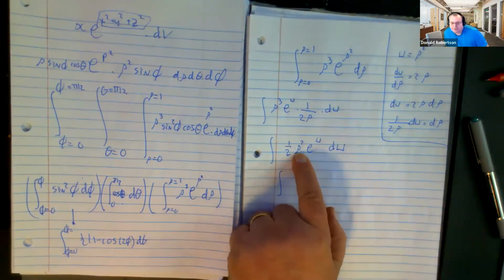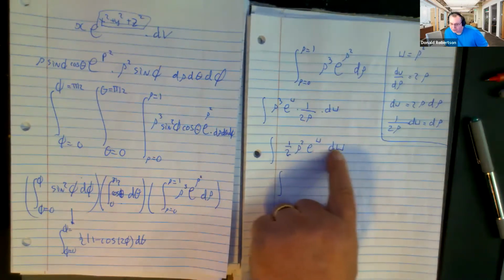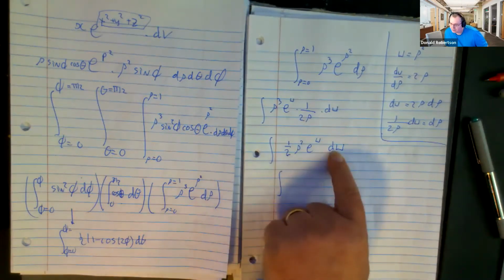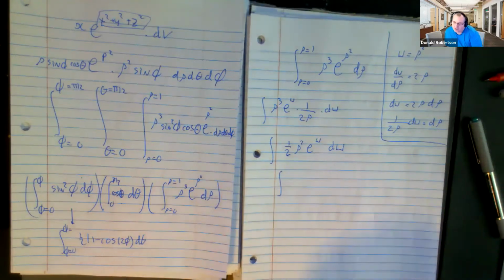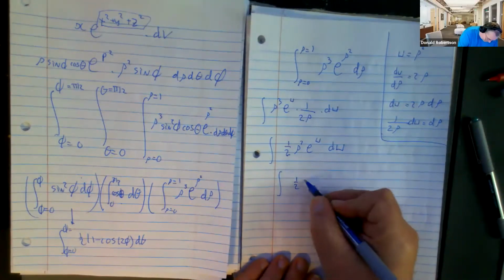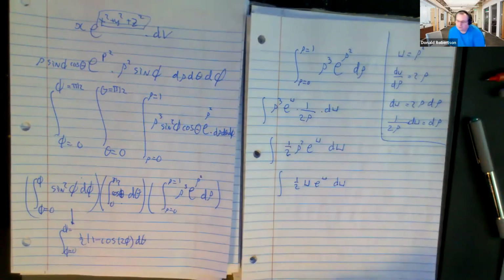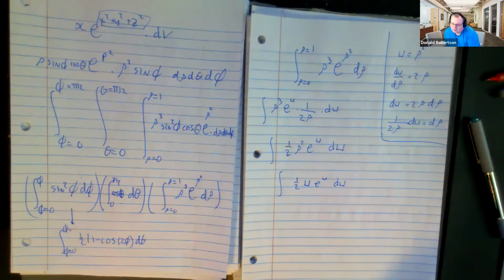I have to figure out what rho squared is in terms of U. Doesn't this all have to be U's? Well, it's actually not that difficult. What is rho squared? U. So what you have here is a half U e to the U du. You still with me?